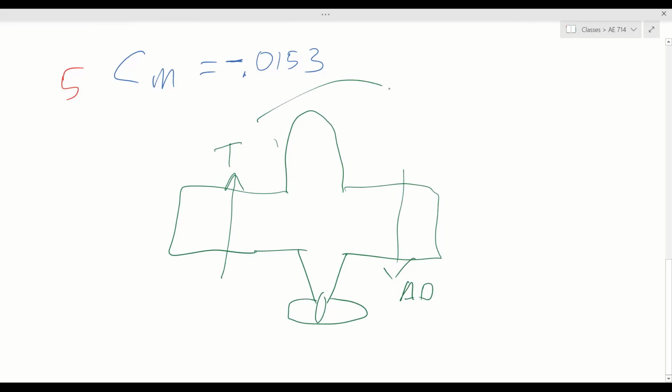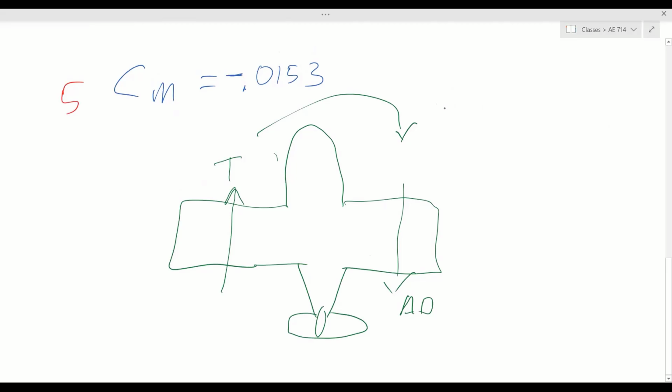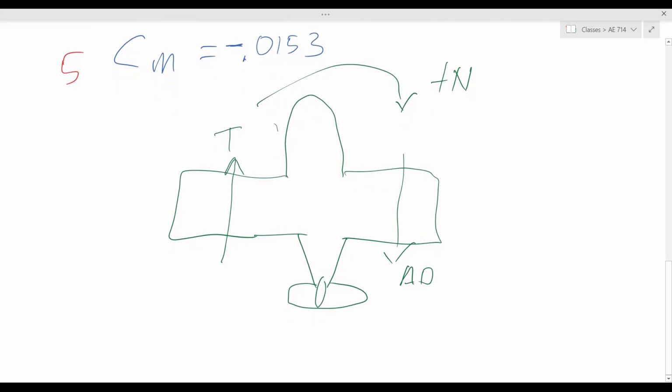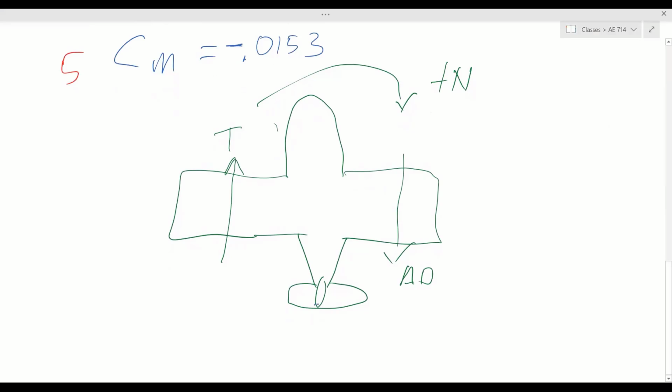So that's going to create a yawing moment like this, which is positive N. And so you're going to need a rudder deflected positive to produce a negative yaw to cancel that out.